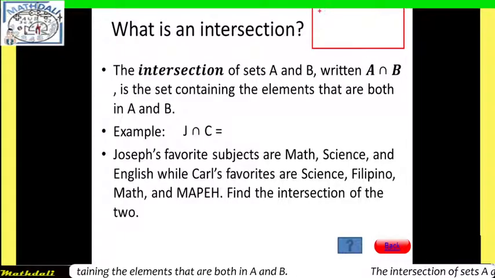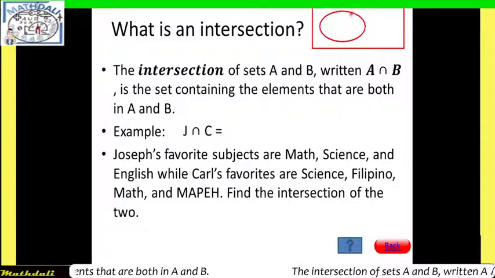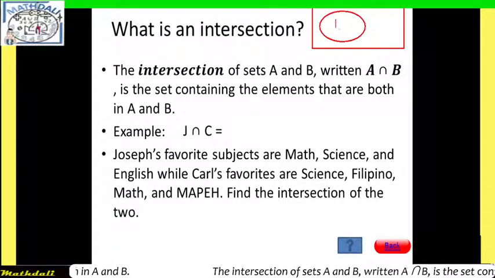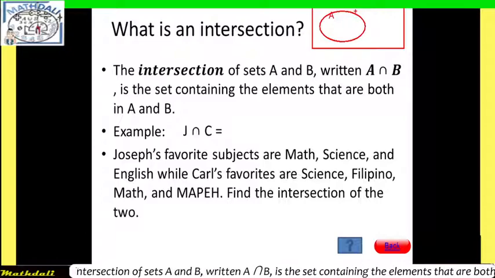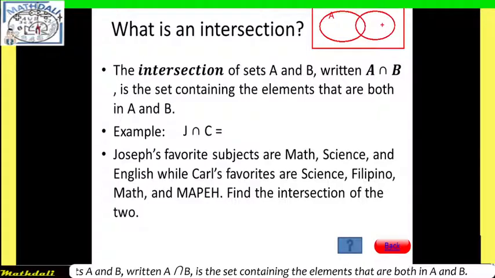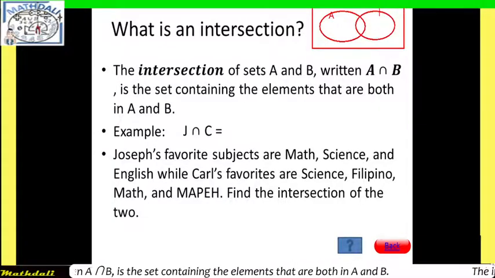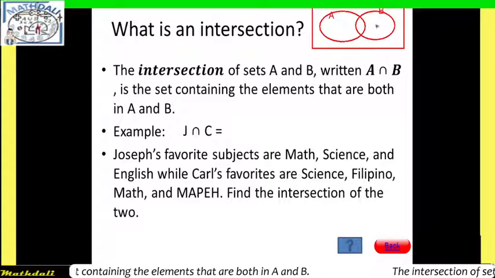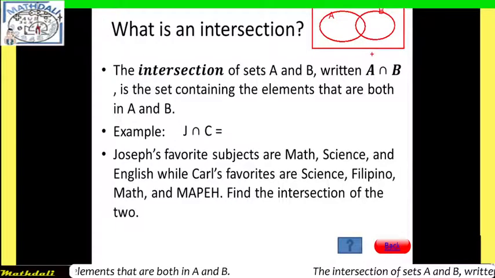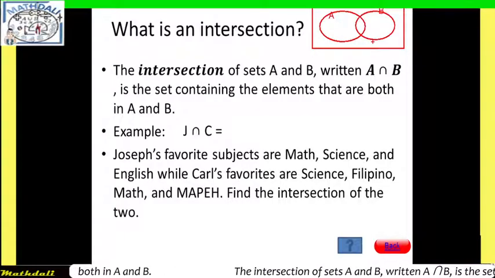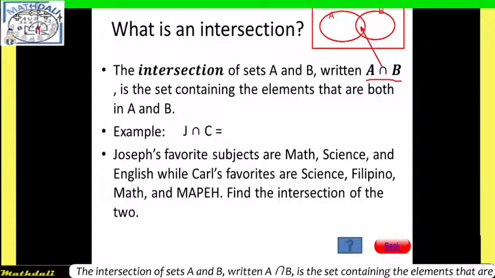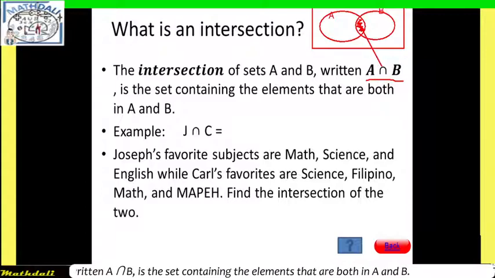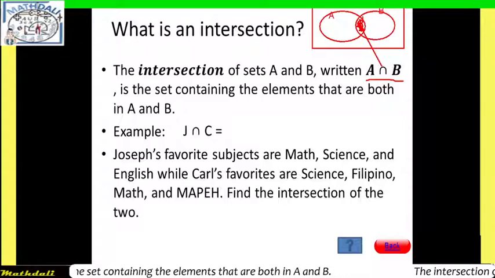Then, make use of circles to represent the sets. Ito ang ating set A, at ito rin ang ating set B. Pag sinabi nating intersection, ang tinutukoy nito ay ang common elements ni set A at ni set B. So iyan ang ating intersection. Ito ang intersection ng set A and set B.